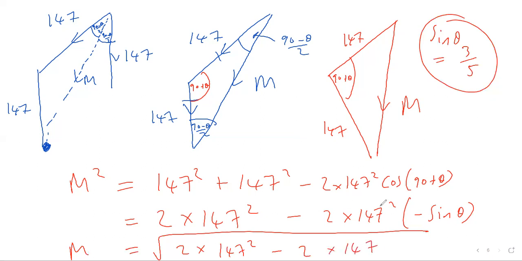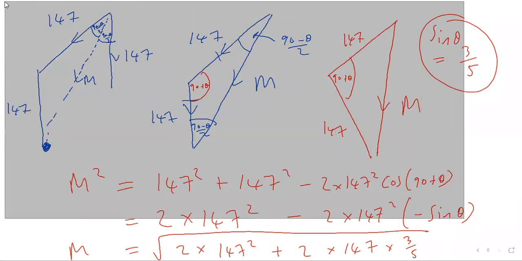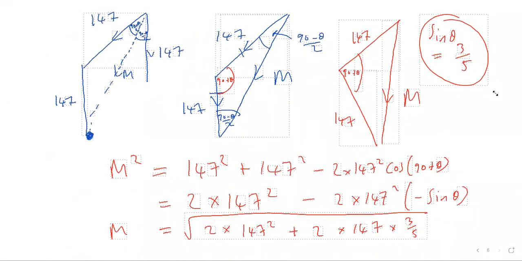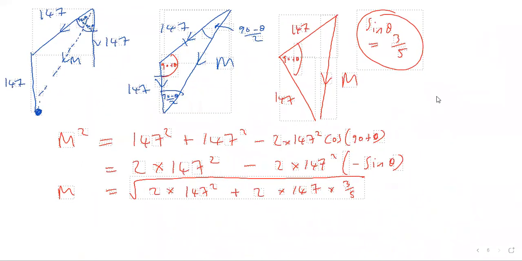Well, actually, we've got a minus and a minus there, so minus times a minus number gives you a positive number. That's where you get that from. And then times sine theta, which is 3/5. You can plug that all into your calculator, and then you get the magnitude of the force exerted onto the pulley.